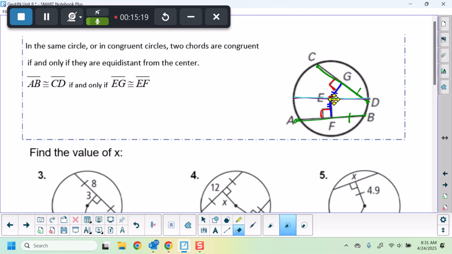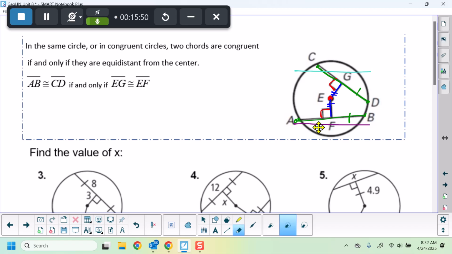I want you to picture me at the center of the circle, pushing both of the diameters out in opposite directions. If I push this one up and I push this one down, if I push them the same level, they're going to be the same distance away from the center, which means they're going to be cut off on each side and therefore congruent.